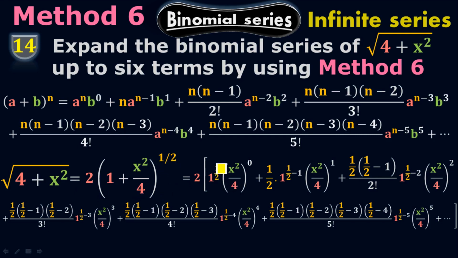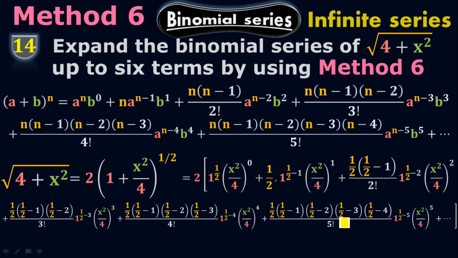So plug in n equals to 1 over 2 all the way for all the yellow n's in this binomial theorem. Actually a is 4, but then we took square root of 4 common because I need 1 for the a. So I'm gonna plug in a equals to 1 all the way for all the red a's. What is my b? My b is x squared over 4. So plug in x squared over 4 for all the b variables. You will get this expression.